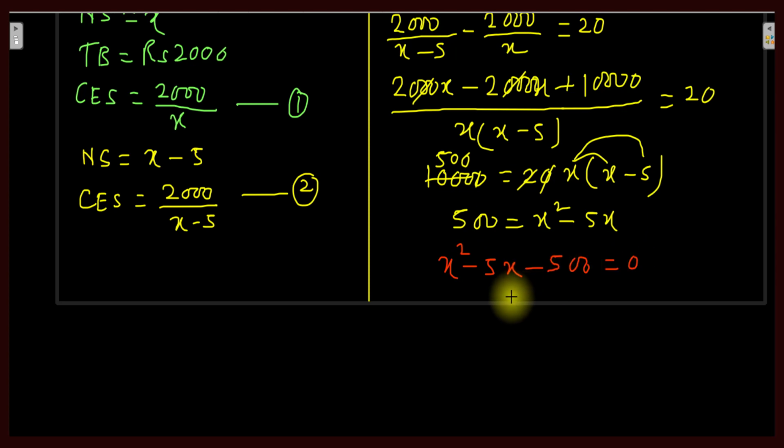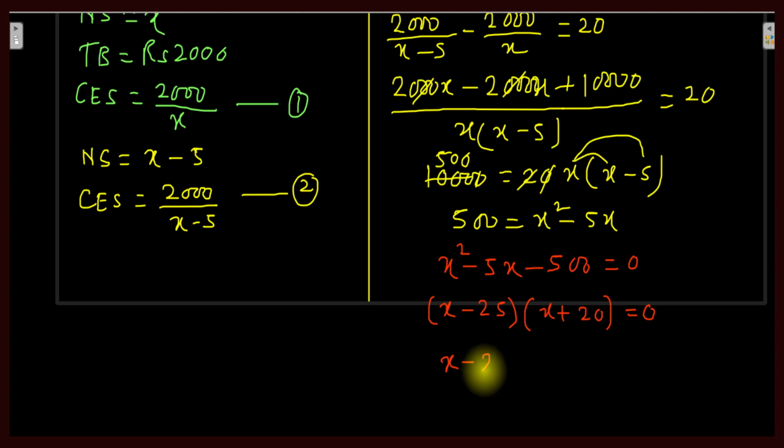Solve this quadratic equation by splitting the middle term. So the factors of this quadratic equation will be x minus 25 into another bracket x plus 20, which is equal to 0, and the product of these two brackets is 0. It means this bracket is 0 or this bracket is 0, so that the product will be 0.